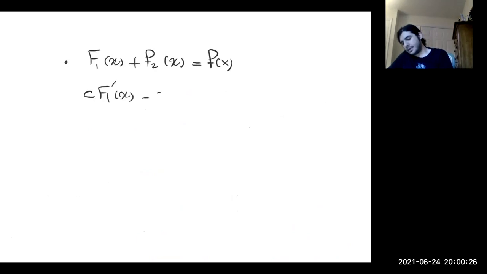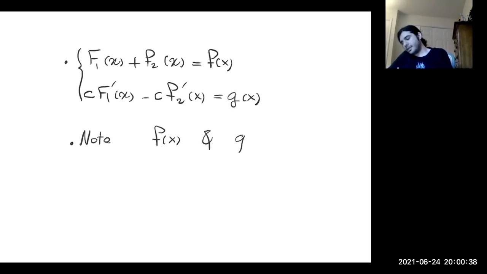So let's rewrite these equations. f1 of x plus f2 of x is equal to f of x, and c f1 prime of x minus c f2 prime of x is equal to g of x. Note that here, f of x and g of x are given.